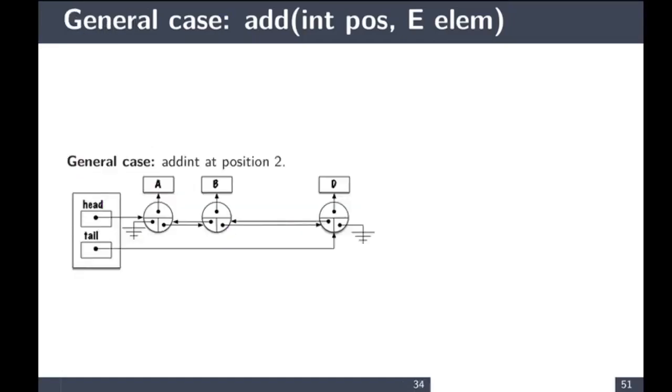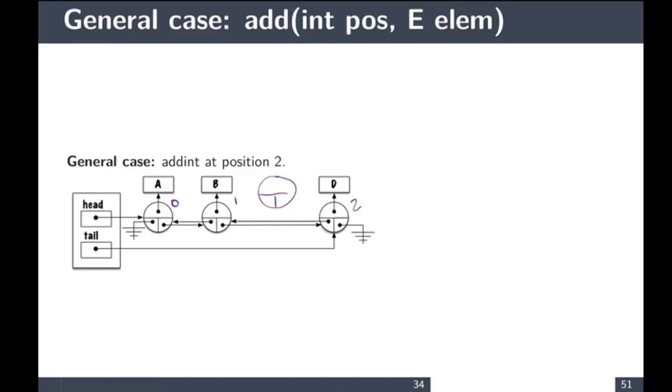The general case: we want to add at some intermediate position. Currently, A is at position 0, B is at position 1, and our current position 2 is holding the value D. The new element that we will be inserting will become our new position 2.